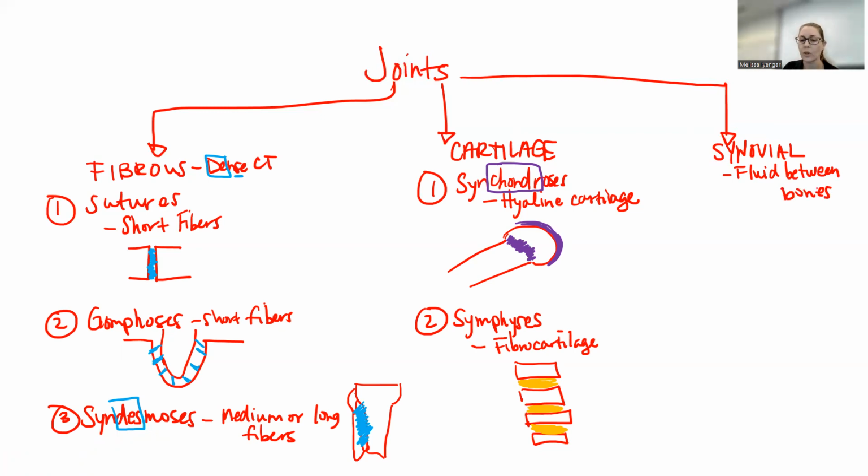Synovial joints are going to have four distinct features. So there are many different synovial joints, but they're not different types of synovial joints. All synovial joints are going to have four distinct features that you need to know and be able to understand as part of a synovial joint.